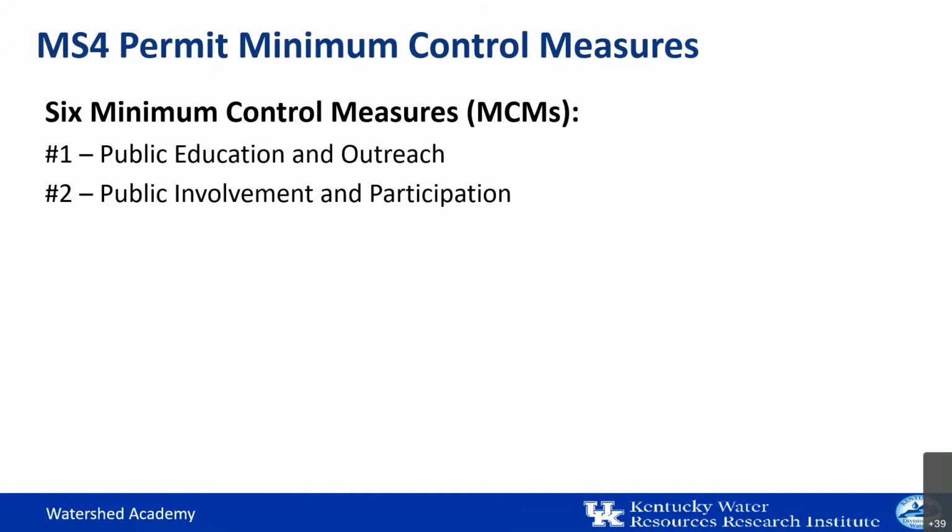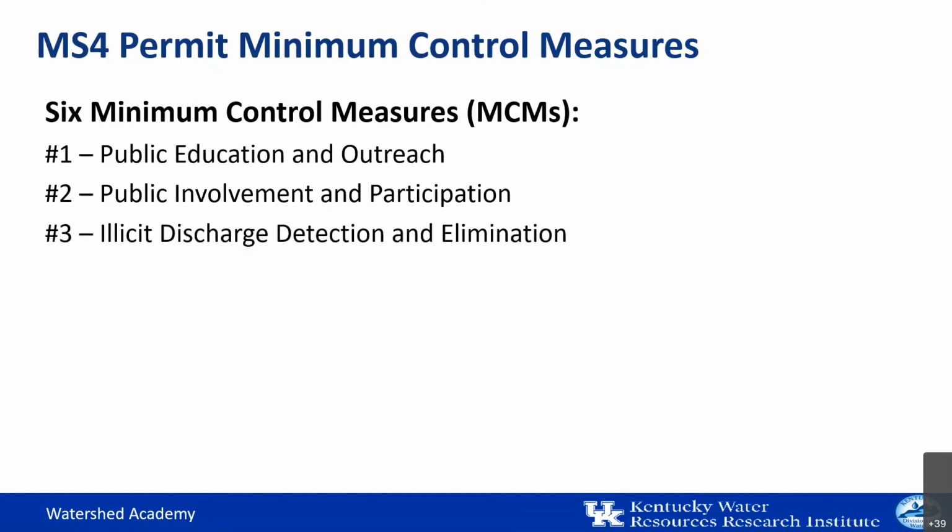And municipalities with these permits are also required to do this. Illicit discharge detection and elimination addresses the need to find and remove dry weather discharges to storm sewer systems. These can include illegal wastewater connections from homes or businesses, and improper disposals of wastes into storm drains.